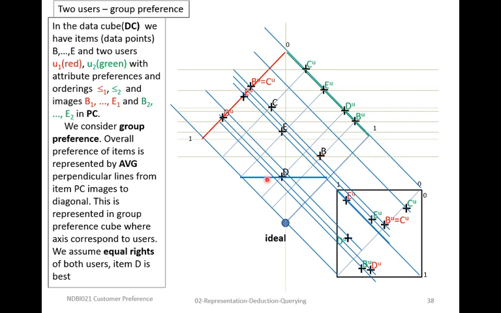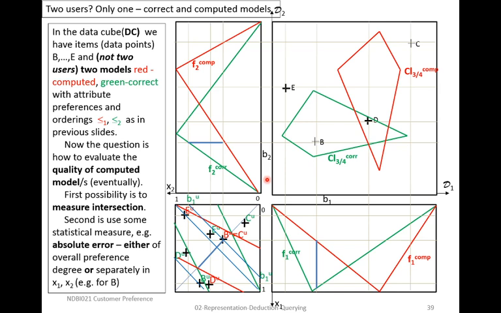Another possibility to understand this two-colored data cube and attribute preferences is to consider that the green one is the correct one, whatever we know it to be, and the red one is computed by our system. And of course we see there is an error, because the true ideal point is here and the computed system thinks the ideal is here.